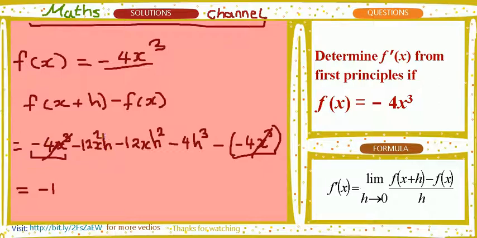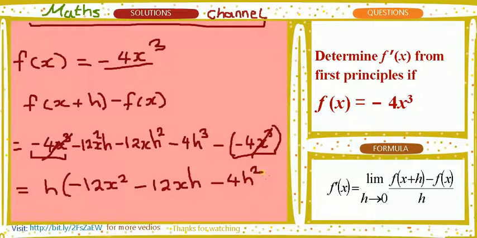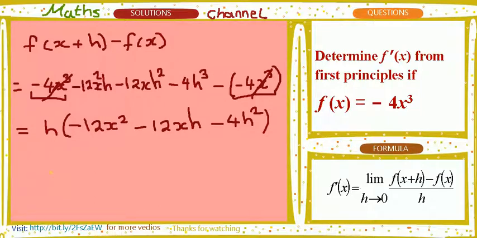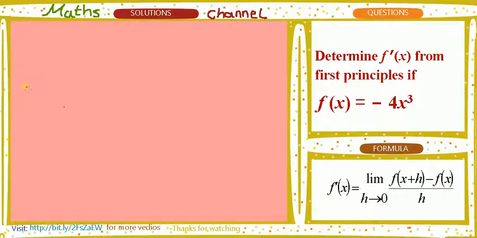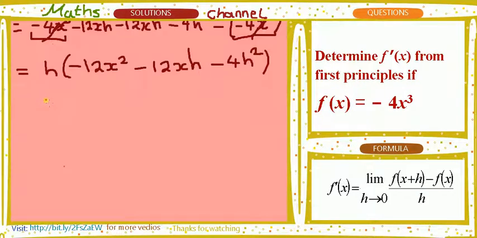Let's take a common factor from this point, so that maybe it will be simple. So here the common factor is h.